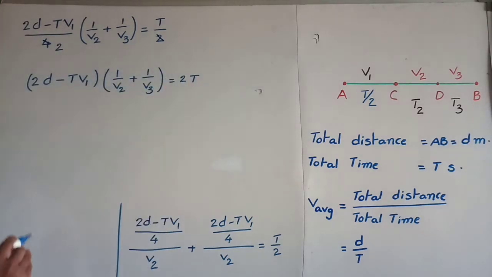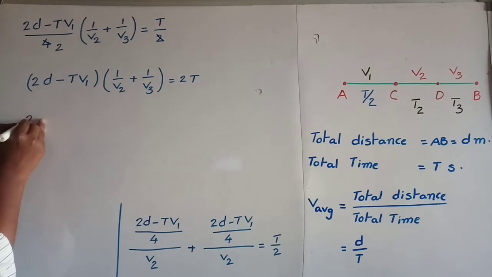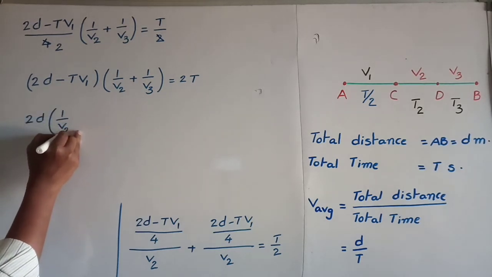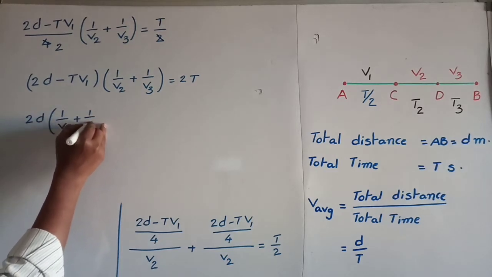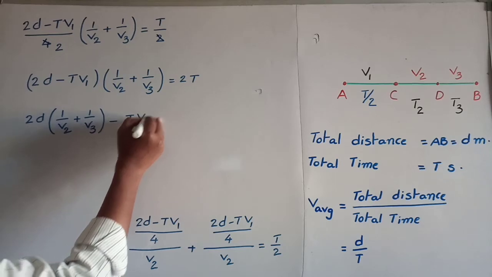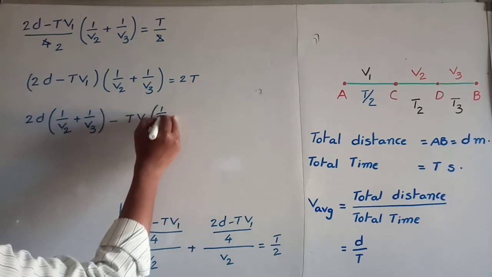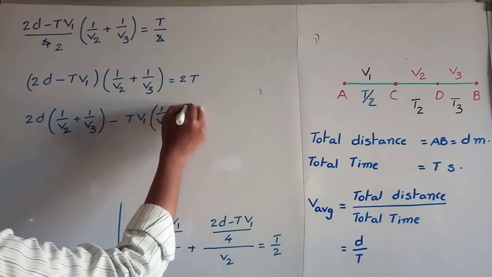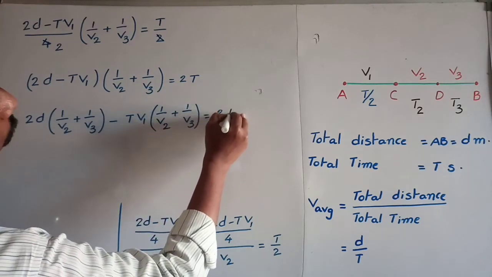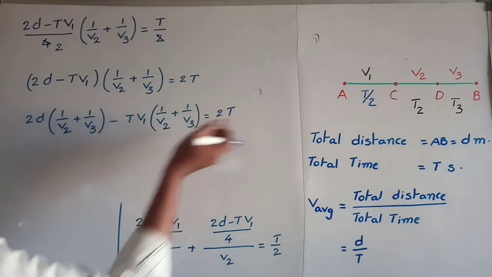From this we can write 2D into (1 by V2 plus 1 by V3) minus TV1 into (1 by V2 plus 1 by V3) which is equal to 2T. This term we also take to that side.